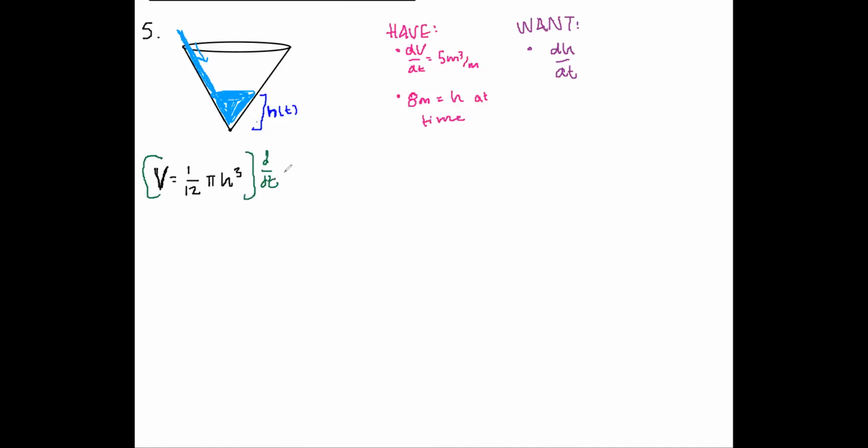Yep. Implicitly differentiate with respect to time. And we end up with dV/dt is equal to what? We can take out the coefficient, so it's going to be 1/12.